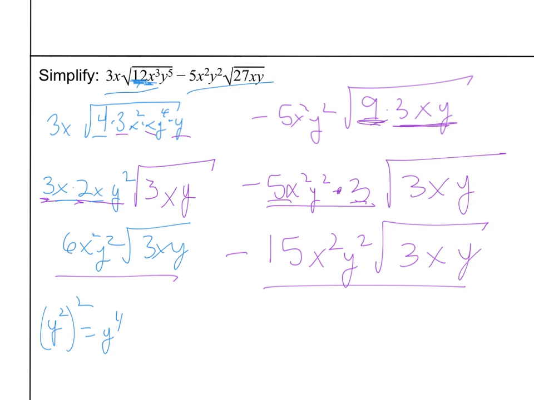And I'm going to treat this the exact same way I might treat a problem like 6a minus 15a. It's just that instead of a's, it's this crazy bit of business. So 6 minus 15 is negative 9. So our final answer will be negative 9 x squared y squared, square root of 3xy.